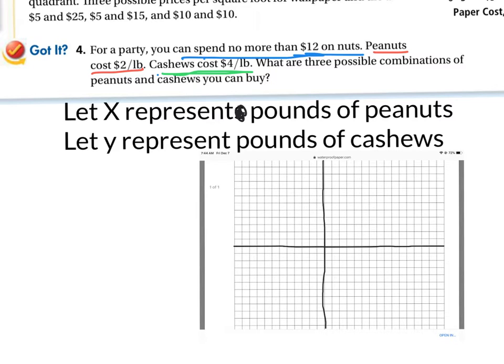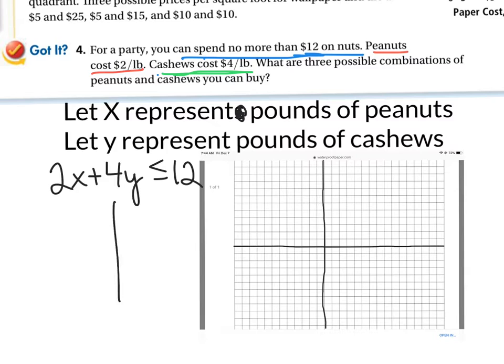So our inequality would be 2x plus 4y is less than or equal to 12. $2 a pound times pounds of peanuts plus $4 a pound times the pounds of cashews, and that total needs to be no more than, so less than or equal to $12.